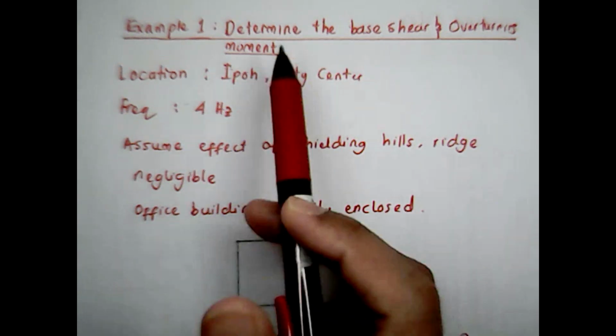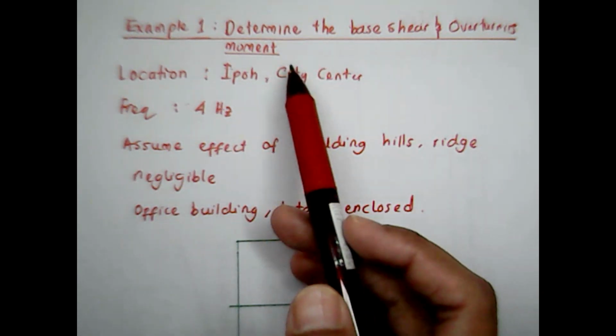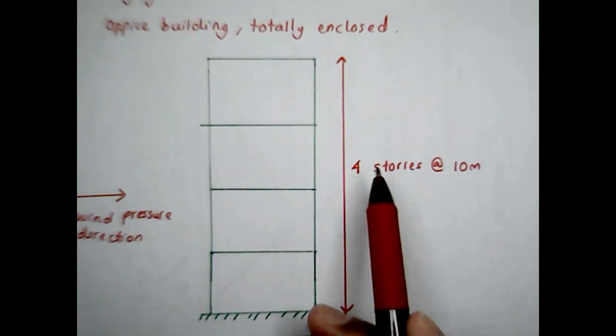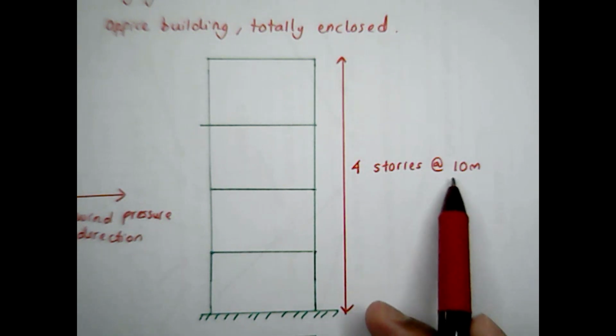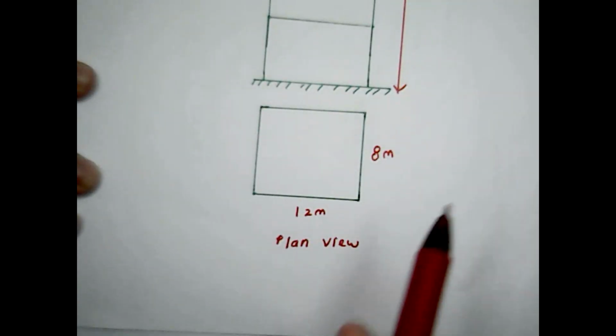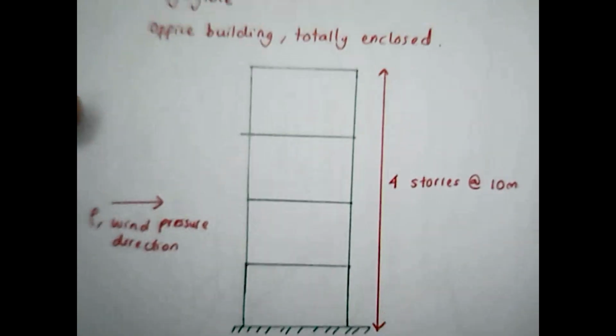So this example is to determine the base shear and overturning moment for a structure which is 4-story at 10 meter, alright, whereby if you can see the plan view is 12 meter width and 8 meter breadth.